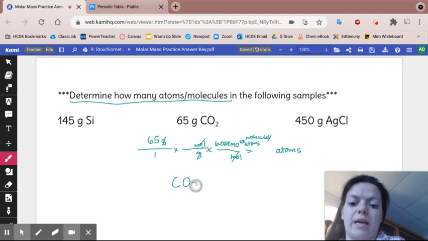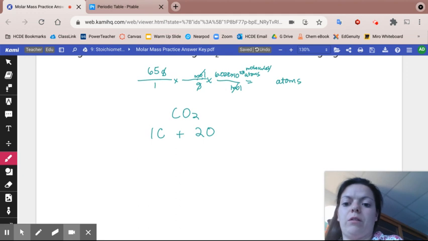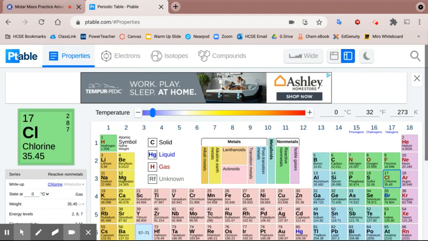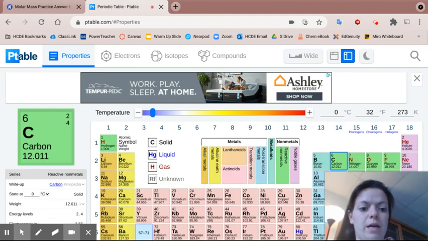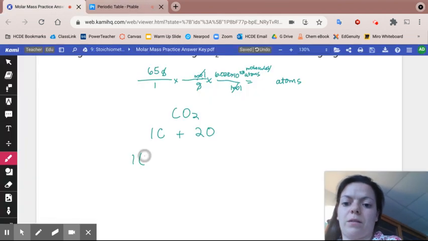For carbon dioxide, I have 1 carbon and 2 oxygens. So I'm going to go to my periodic table and say, okay, carbon has a molar mass of 12.011. I know that that's in grams per mole.